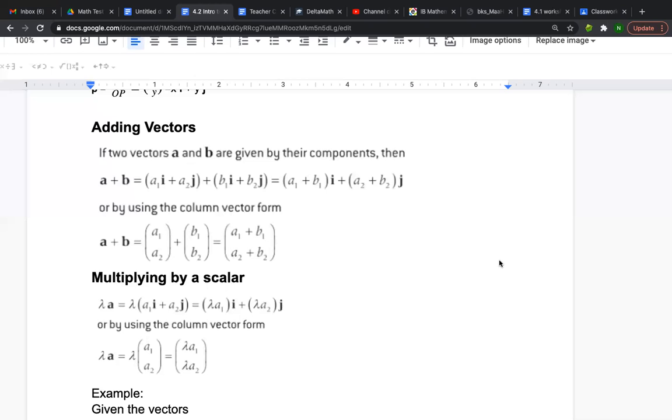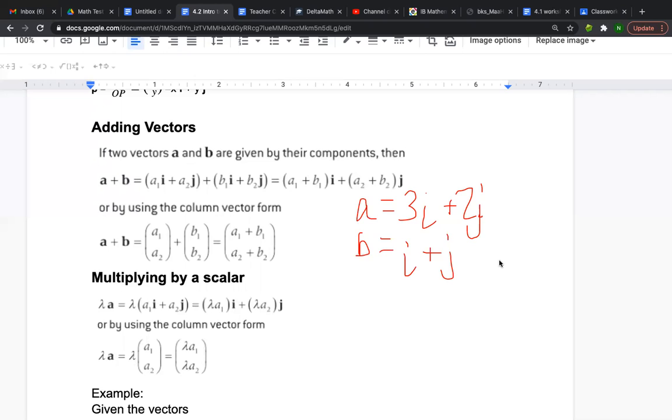So if, for example, I have a is, let's say, 3i plus 2j, and b is i plus j. Just keep it super simple. So there are imaginary ones in front of that b term.